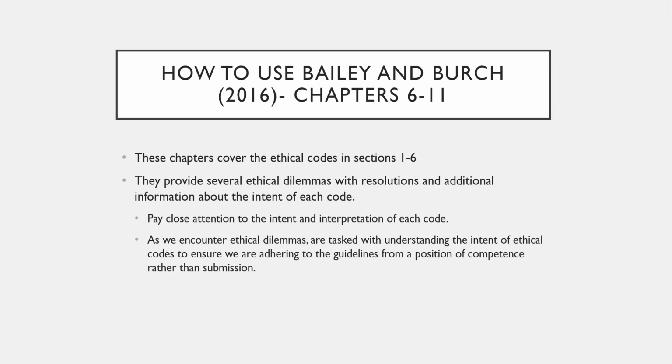So the intent of the code is to limit the possibility of developing a multiple relationship. Okay? So when coming back to the intent of the code, remember, the interpretation of the code is not always black and white. We can't always go with, this is what it says, therefore I do. We have to understand intent to give us a sense of why we are doing something. So, coming from a position of competence.